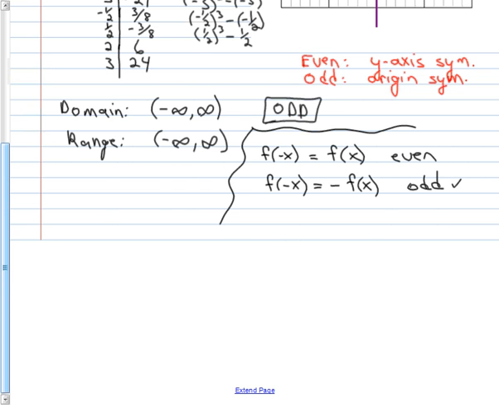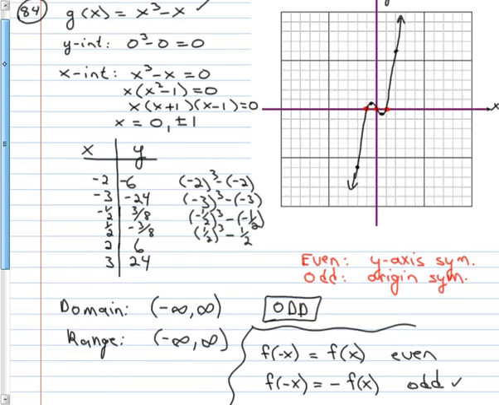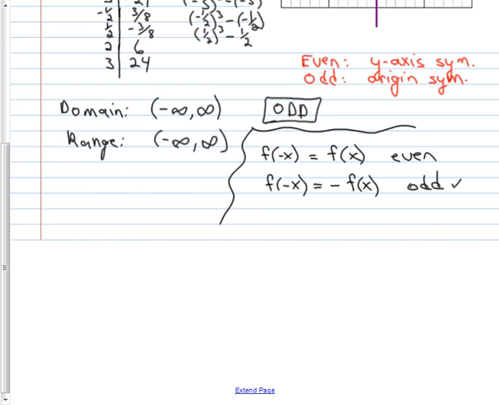We're going to substitute a negative x into our equation, which was what? X cubed minus x. So a negative x gets cubed, minus a negative x. We're substituting a negative x into the equation. What do you get when you cube a negative? You get a negative. So that's really just a negative x cubed.